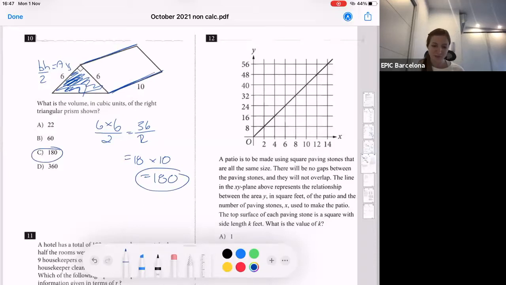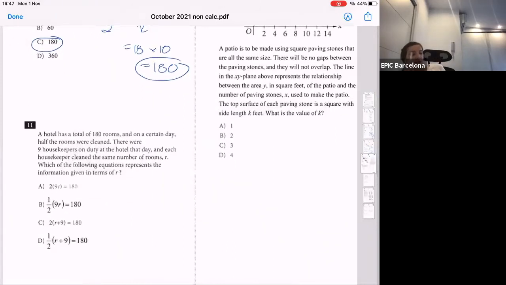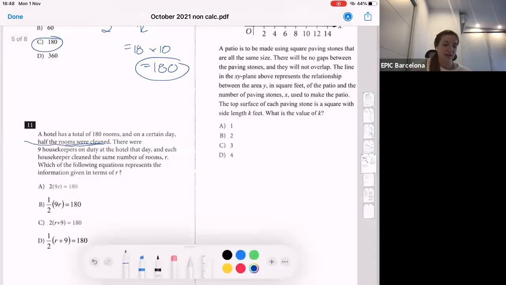Amazing. Okay, moving on to 11. A hotel has a total of 180 rooms, and on a certain day, half of the rooms were cleaned. So if half of the rooms were cleaned, that means that 90 rooms were cleaned. There were 9 housekeepers on duty that day, and each housekeeper cleaned the same number of rooms.